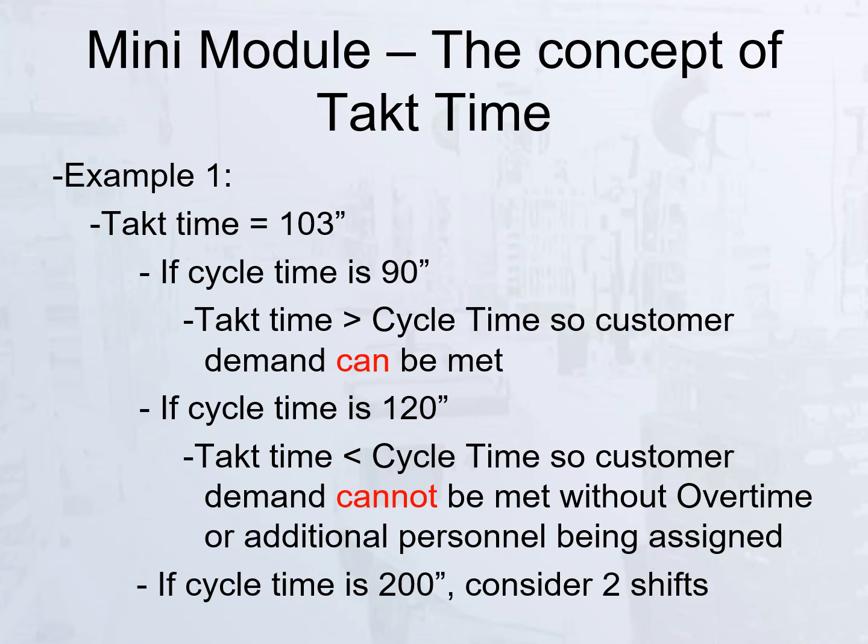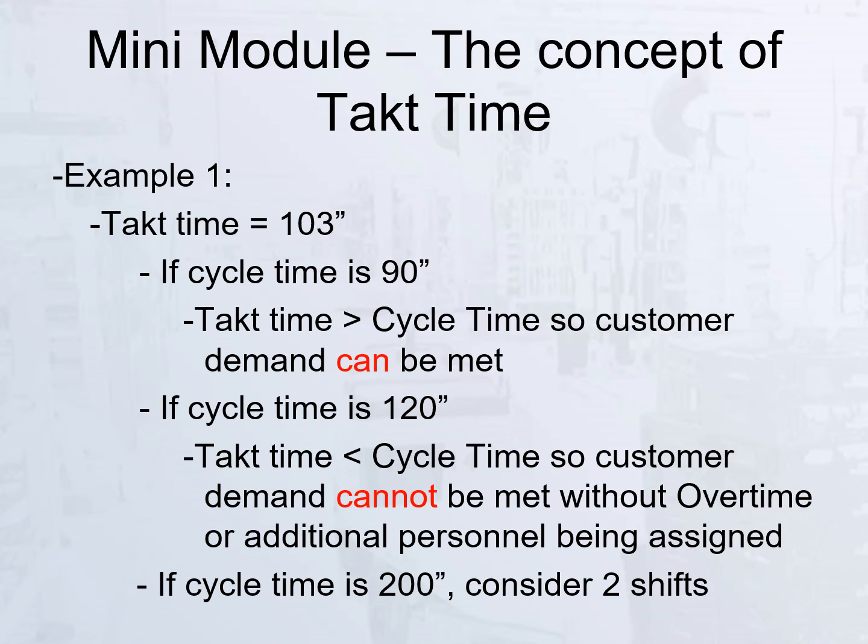In this case, takt time, which is 103 seconds, is less than the cycle time of 120 seconds, so customer demand cannot be met without overtime or additional personnel being assigned. So you can see that takt time allows you to see whether your production cell or whatever process you're doing can meet the pace of customer demand.